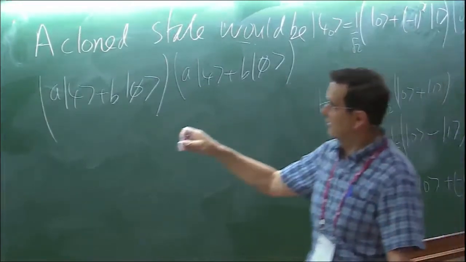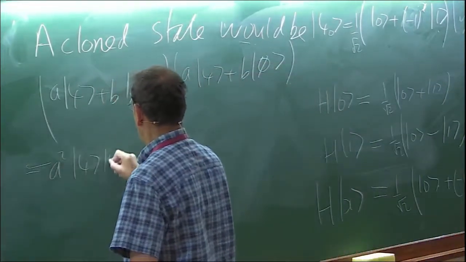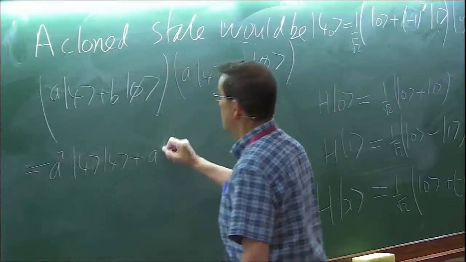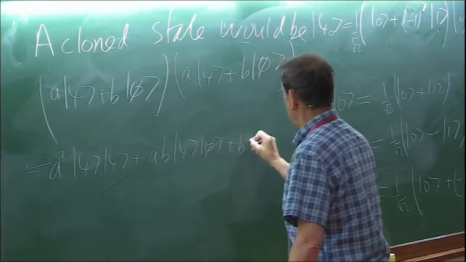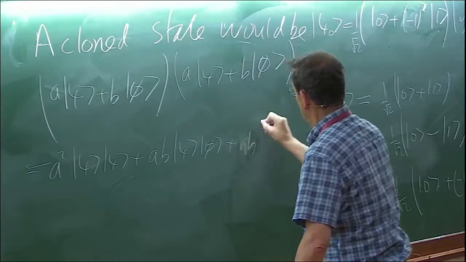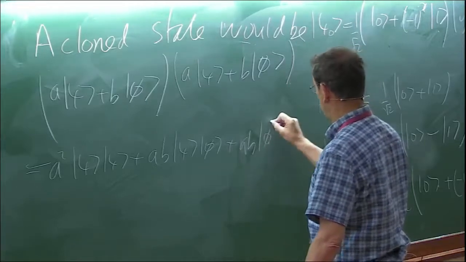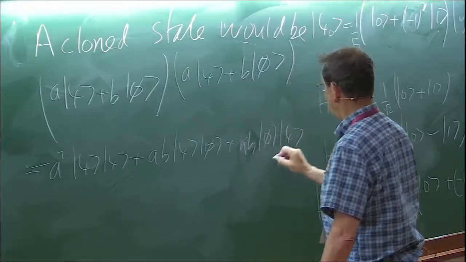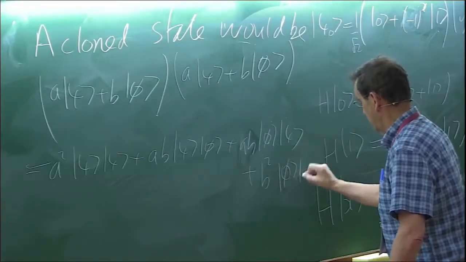If I expand this out, I get A squared psi psi plus AB psi phi plus AB phi psi plus B squared phi phi.